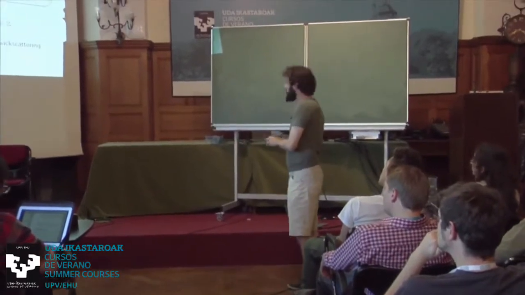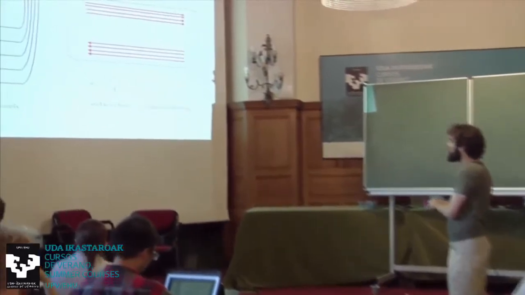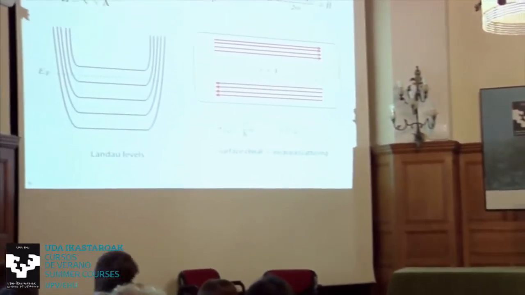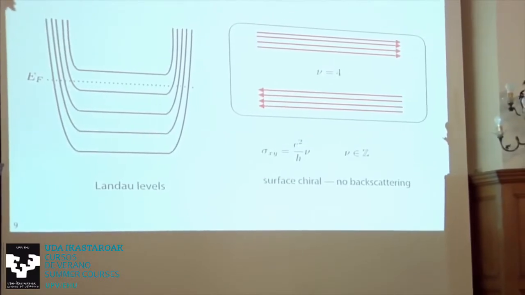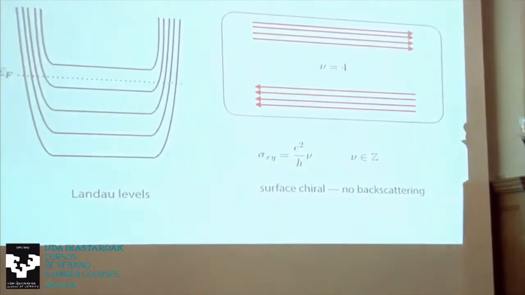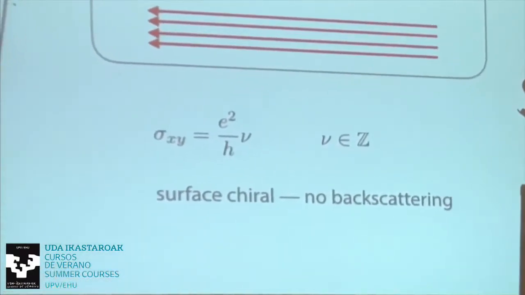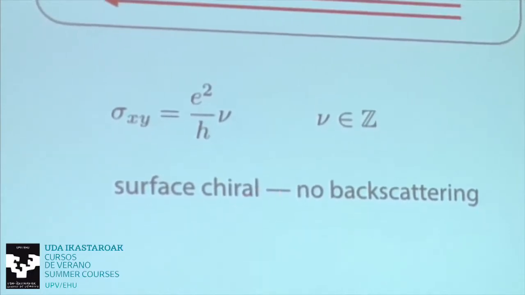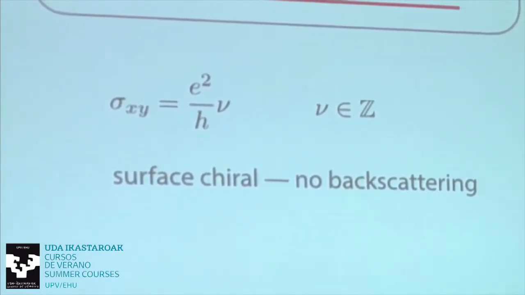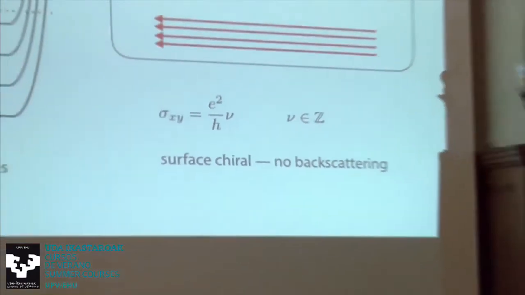Which is why the conductance is quantized with nu, the step number, which is just counting the number of Landau levels. And if I were to do a two-terminal conductance measurement, it would be the same. Okay. So here, the fact that the surface is chiral means that there's no backscattering, there's no localization. This metal is a very, very good metal.